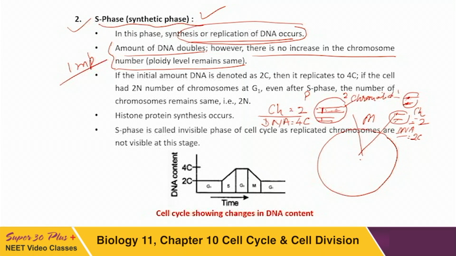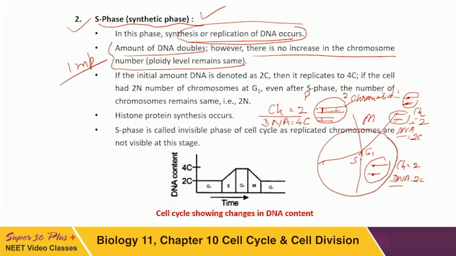Now you see that it has to enter into G1 phase. In G1 phase, this is the cell here, and this is the chromosome. How many chromosomes do we have here? 2. How much DNA do we have in G1? Again that will be 2C. But you see what will be there in S phase?